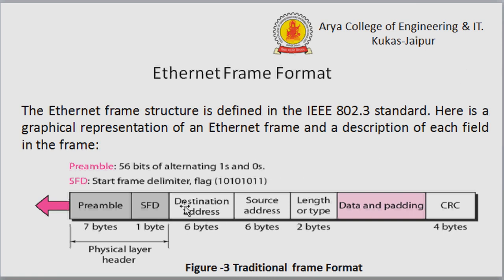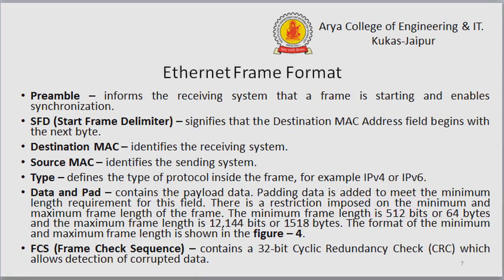First field is preamble and it is 7 bytes in length. In the next slide there is a description of the fields. Preamble informs the receiving systems that a frame is starting and enables synchronization.